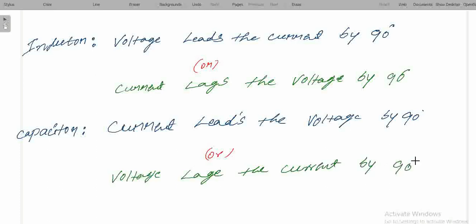So these points are very important for any competitive examination or for GATE examination. For inductor, voltage leads the current. For capacitor, current leads the voltage by 90 degrees.